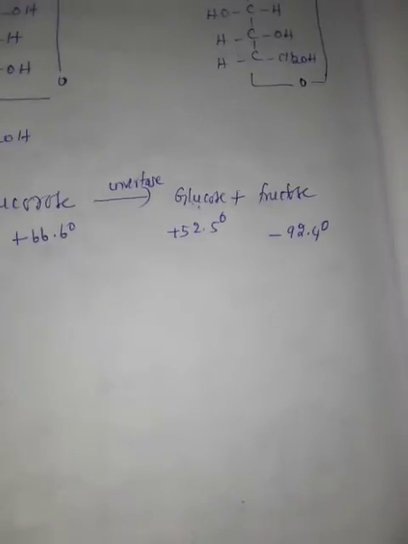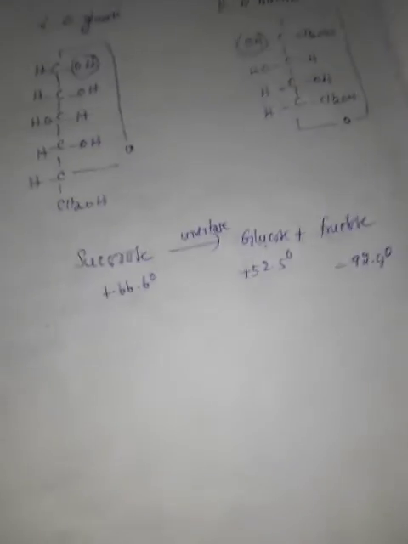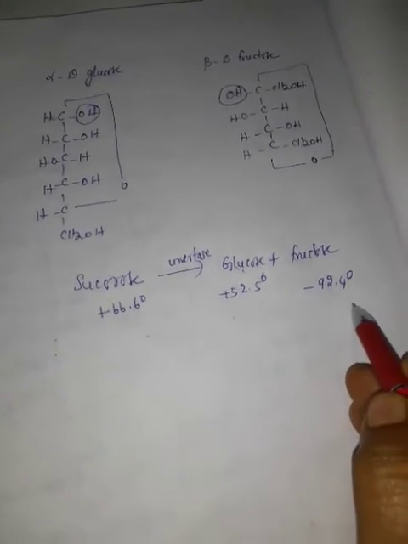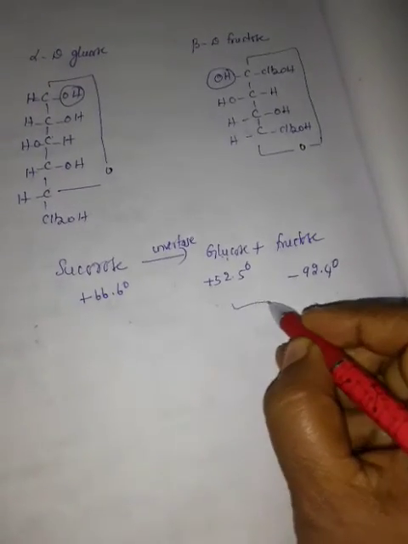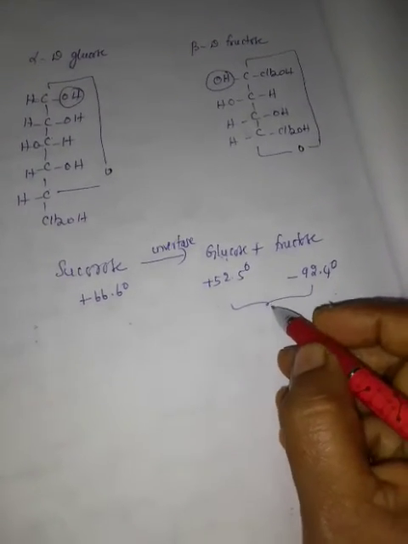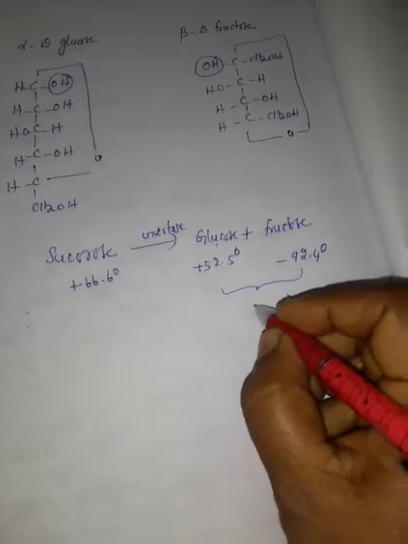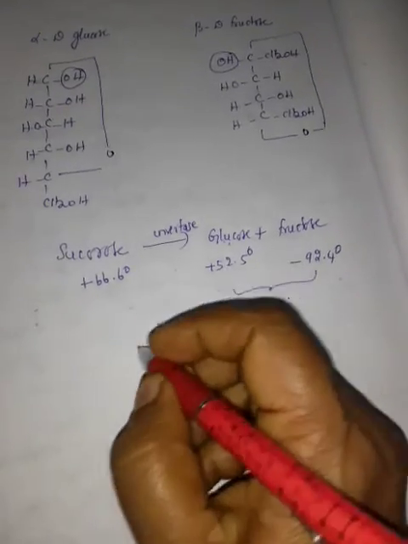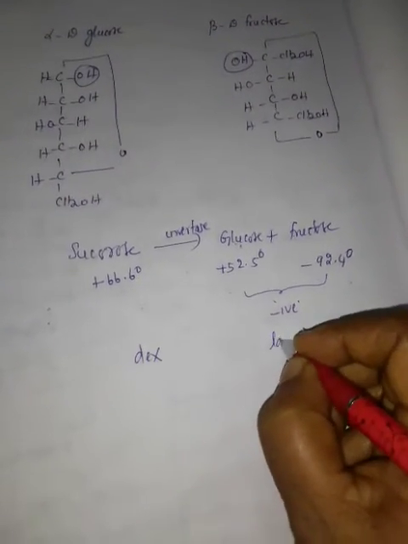So this is a positive value, this is a positive value, this is a negative value. When you are simplifying, the net value we get is negative. Positive means dextro, negative means levo.